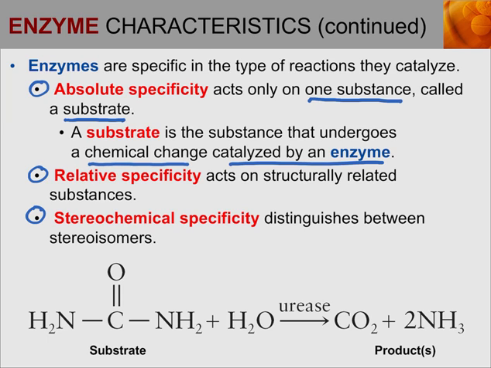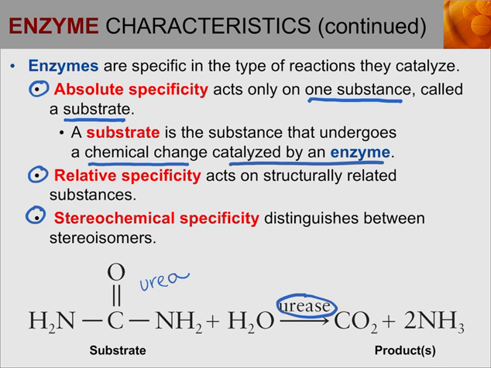Down below we have an example of an enzyme and its reaction with a substrate. Our substrate is urea, which is present in urine, and the enzyme urease will break apart urea to form carbon dioxide and 2 ammonia molecules.